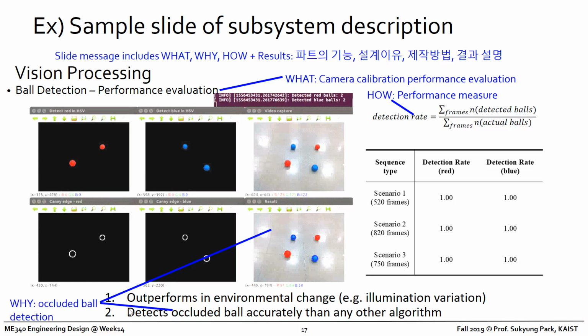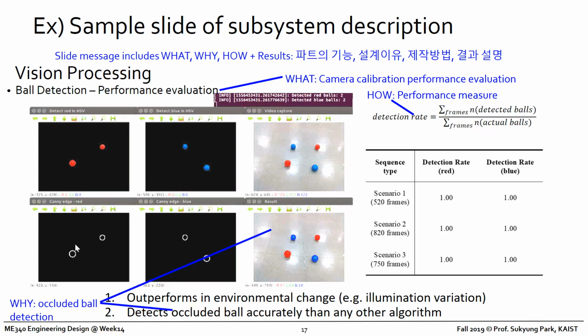So instead of just saying it, they actually explicitly wrote it, right? Their advantage is that by implementing this algorithm, or this ball detection programming, they have robust performance over various illumination conditions, even when an obstacle exists.